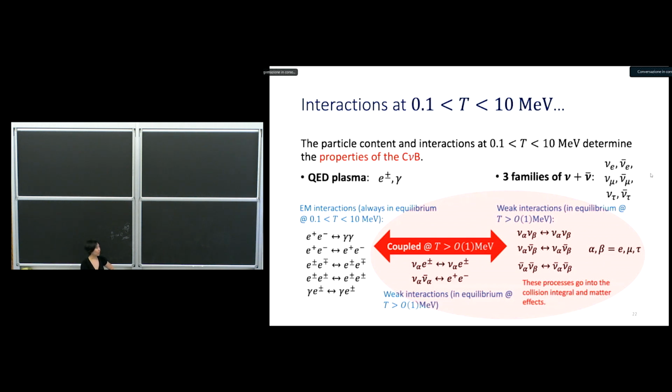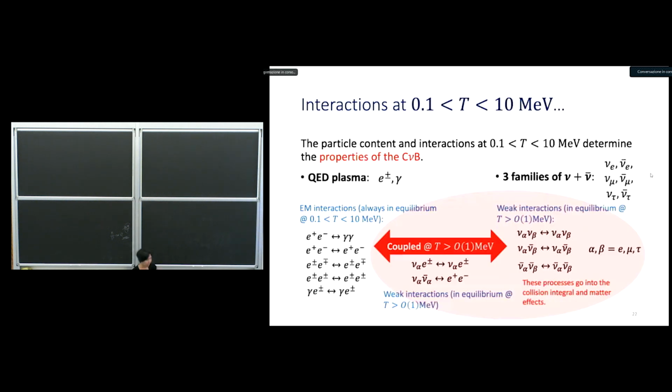Okay, so all of these processes could also give rise to order G_F forward scattering terms. That would go into the matter potential, and all the G_F squared terms will go into the collision integral. So basically these processes go into the collision integral and the matter density.